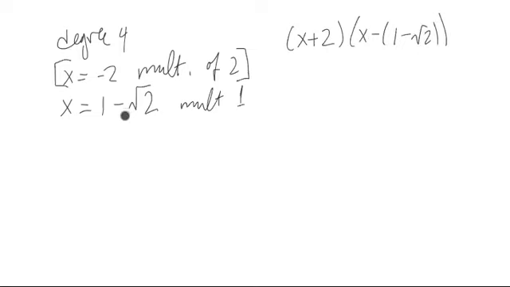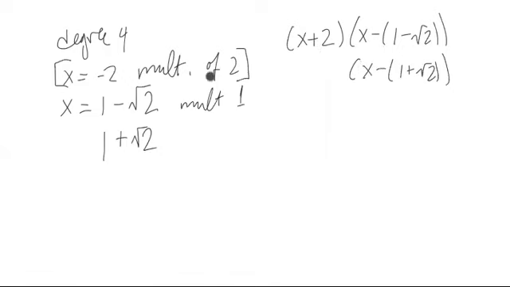But we also know something else. When you see a square root, they always come in pairs. A minus comes with a plus. So we know that we have another factor to multiply by, x minus this 1 plus root 2 in parentheses there.